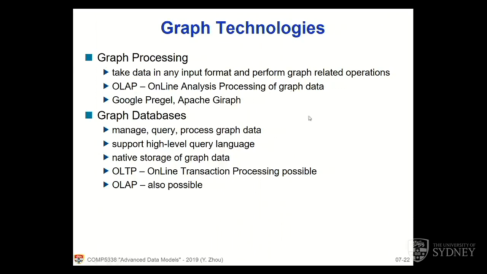There are a few such systems, and the other one, the one we are more interested in, is the graph database. Here we assume the data is not stable, so we will keep updating it. There will be new nodes and new edges, and nodes might get deleted or updated.